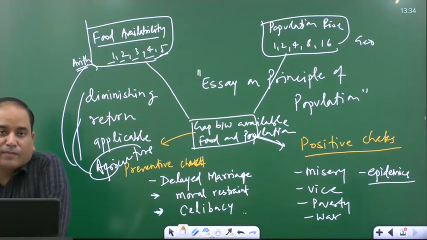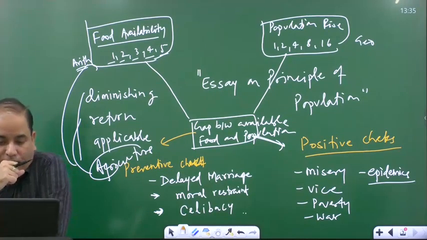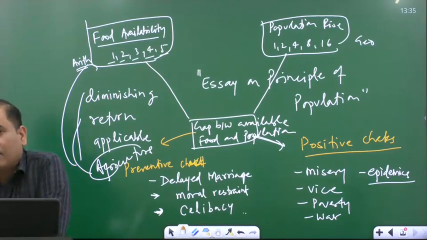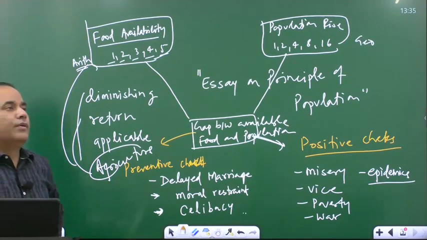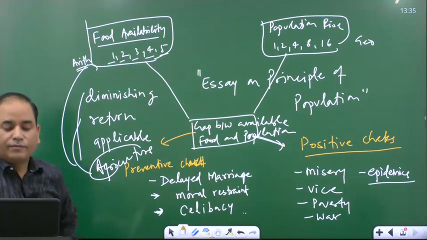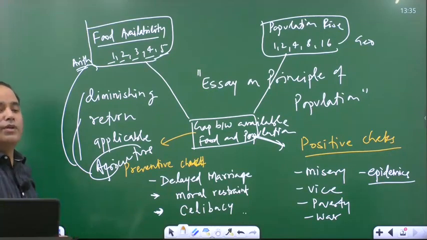Remain same. Full stop. He suggested that population will grow geometrically, that is 1, 2, 4, 8, 16, if it is unchecked.